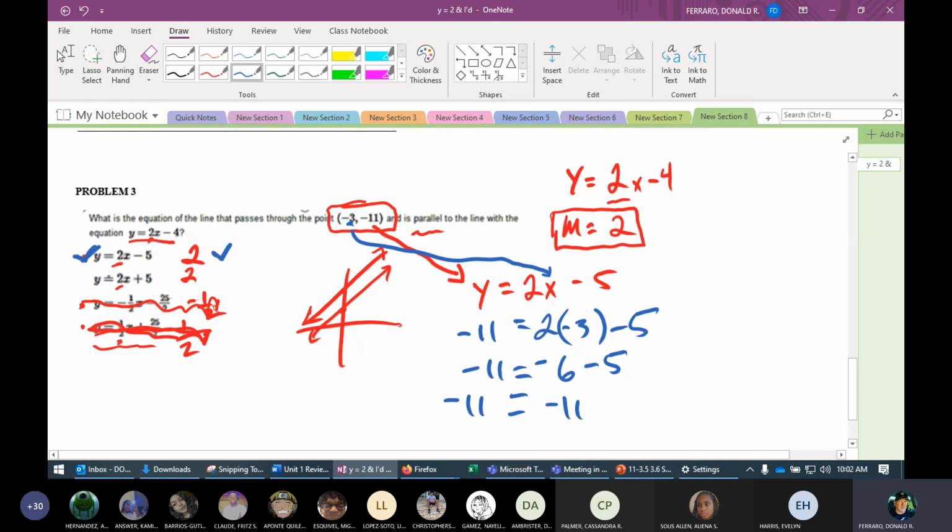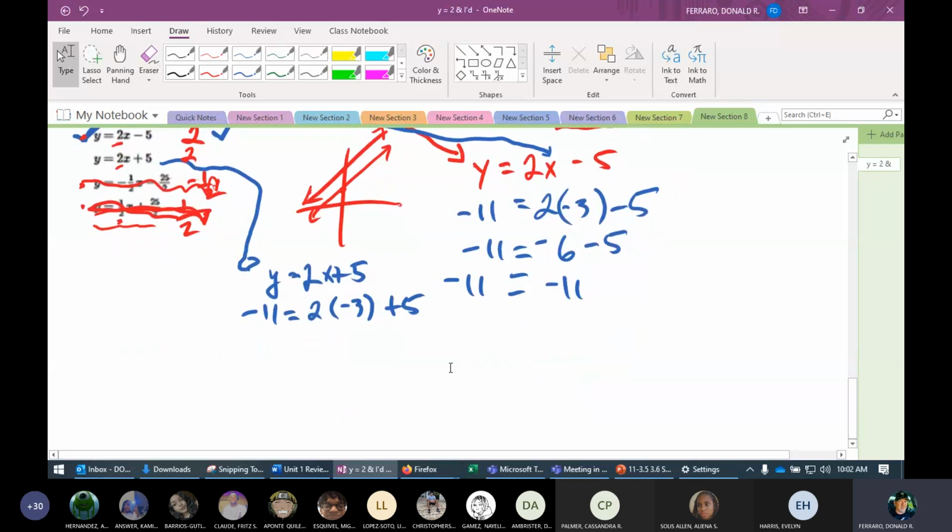But I'm going to substitute it into the second equation. I've got y equals 2x plus 5, okay? And now I'm going to substitute my points into there. So negative 11 equals 2 times a negative 3 plus 5, right?